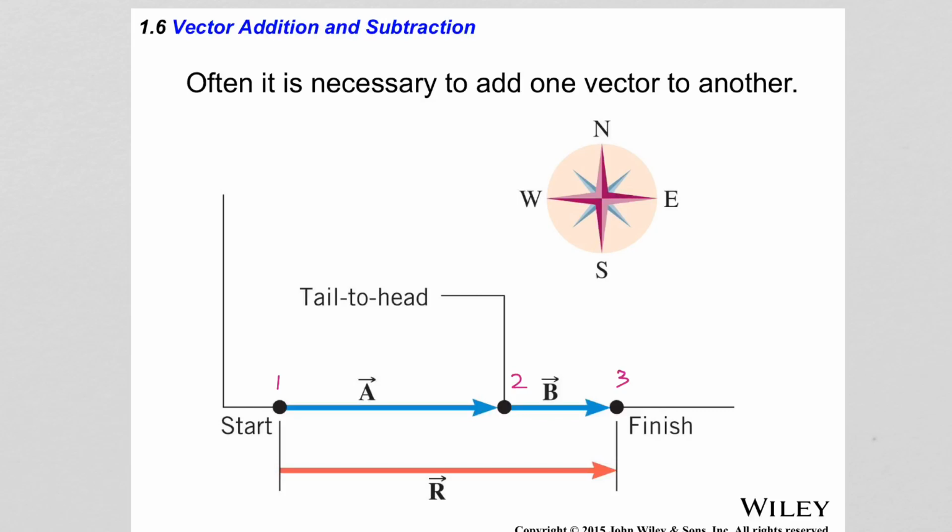So the total displacement is from point 1 to point 3. That's a vector quantity that points to the right, and the magnitude of that vector quantity is equal to the magnitude of A plus the magnitude of B.